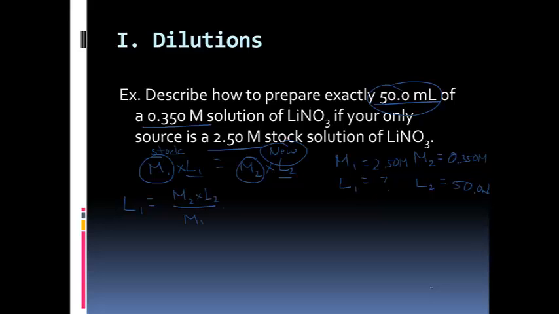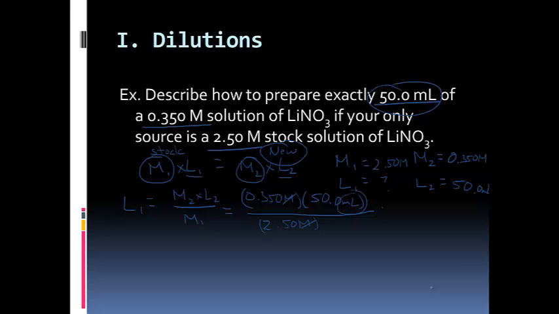Plug in your numbers with the units. 0.350 molar times the volume, 50.0 mLs, divided by my molarity, M1, 2.50 molar. Notice my units will cancel out, and my final units will be in milliliters.